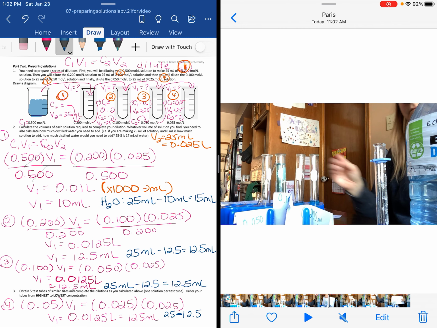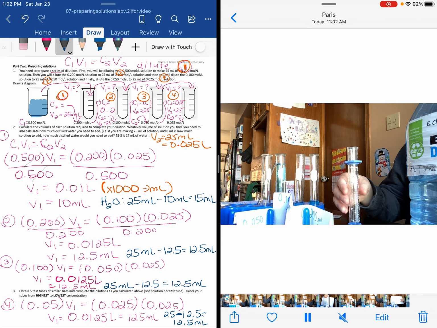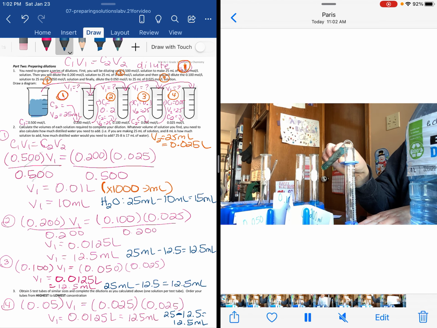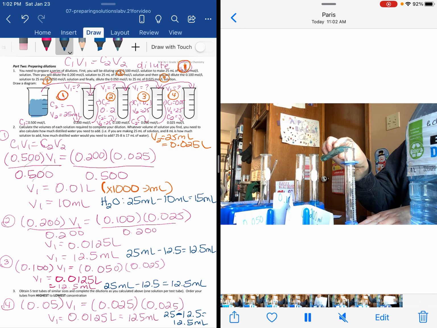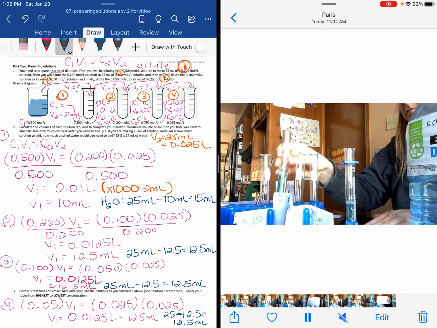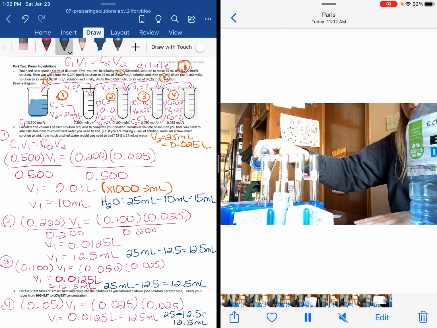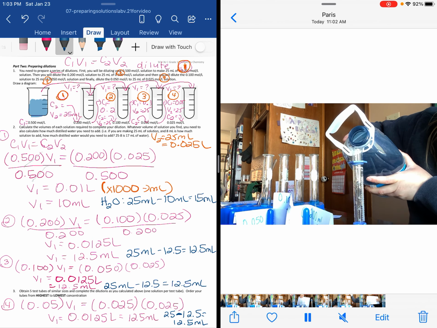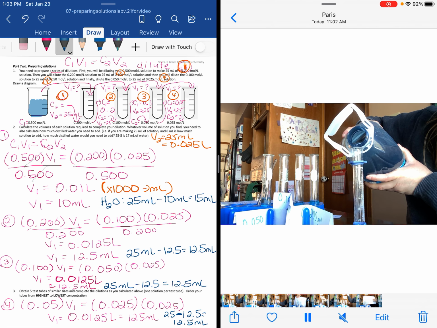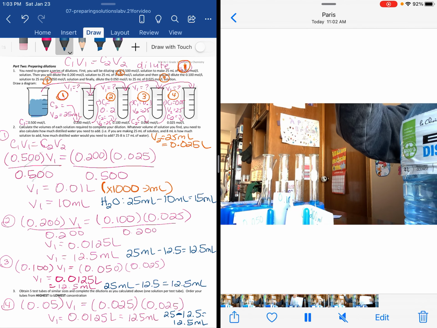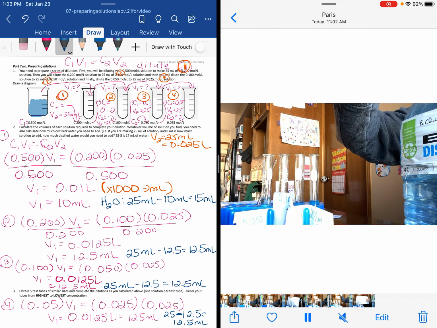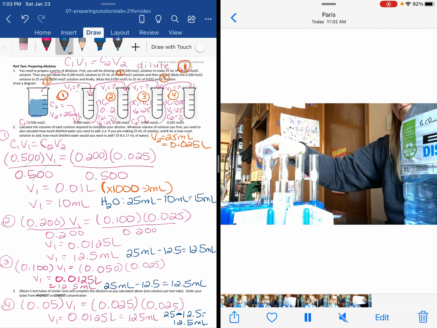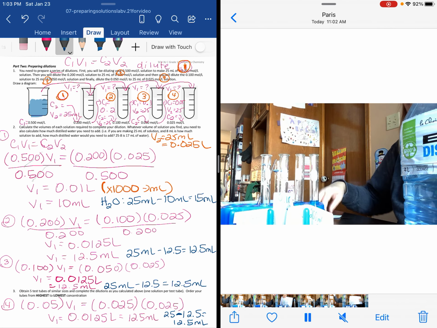It's supposed to be minus, sorry. Okay. And now we're at 0.025.